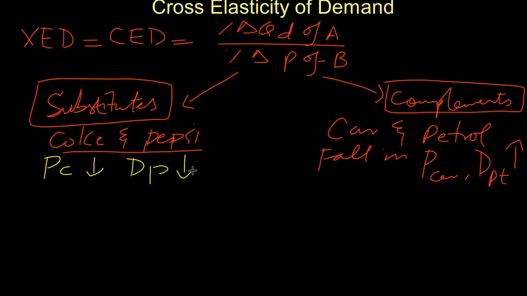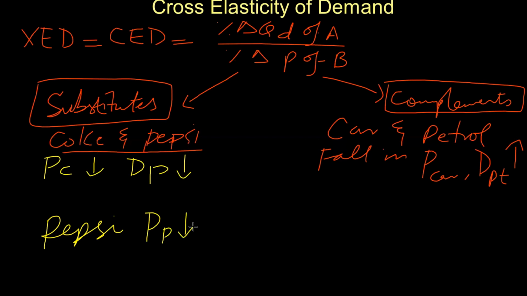This is the practical importance of cross elasticity of demand for businessmen. So they have to have knowledge of cross elasticity of demand to take appropriate decisions. In case of substitutes, if price of Coke is falling, then demand for Pepsi will fall. So it is really important for Pepsi to keep in mind the price of Coke.